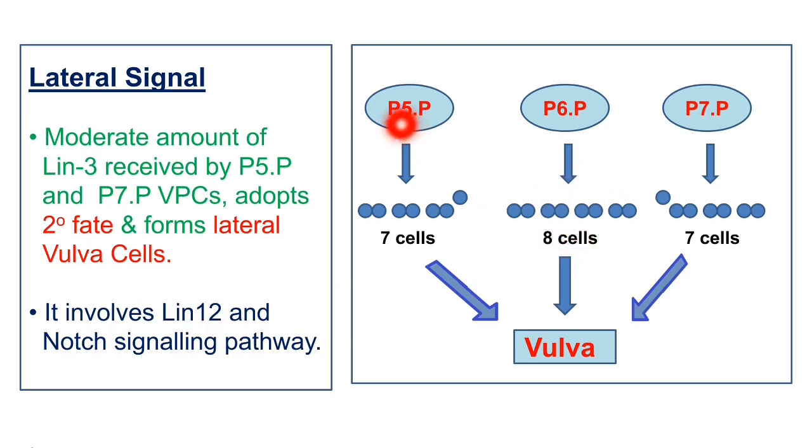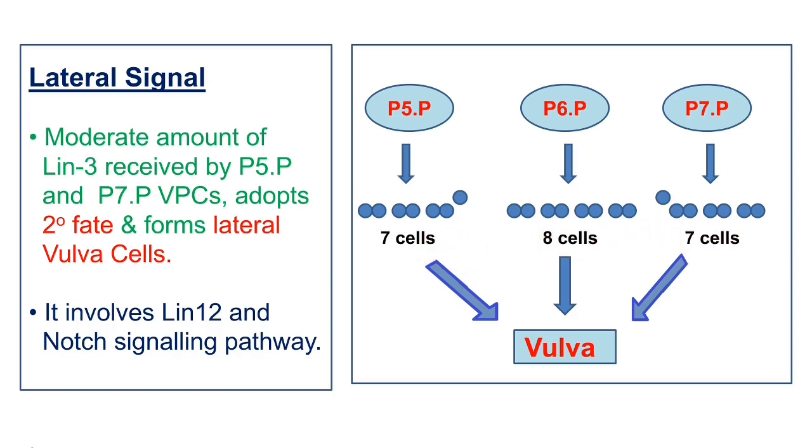The other two VPCs, that is P5.p and P7.p, receive a lower amount of Lin-3 protein and hence develop into lateral vulva cells. So P5.p and P7.p will form the lateral vulva cells and develop into 7 cells each.